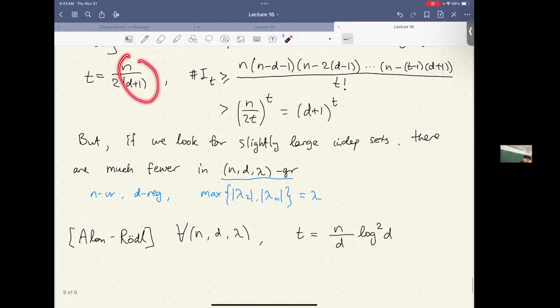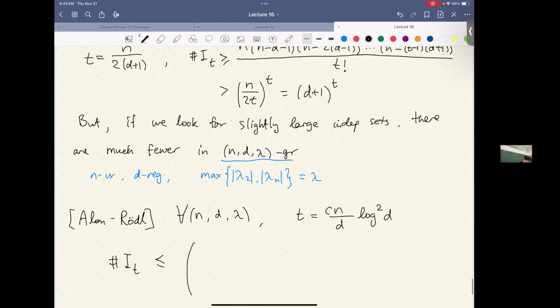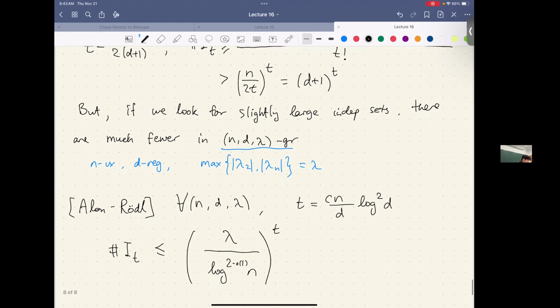So this is the greedy size, a little bit larger. Then the number of independent sets of size T in such an (n, d, lambda) graph is at most the eigenvalue over log 2 minus little 1 n raised to the power t.